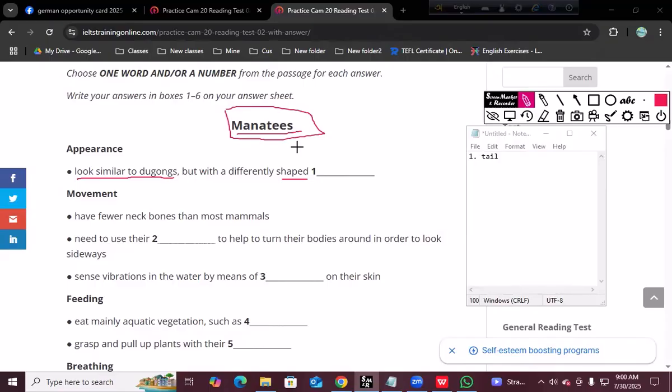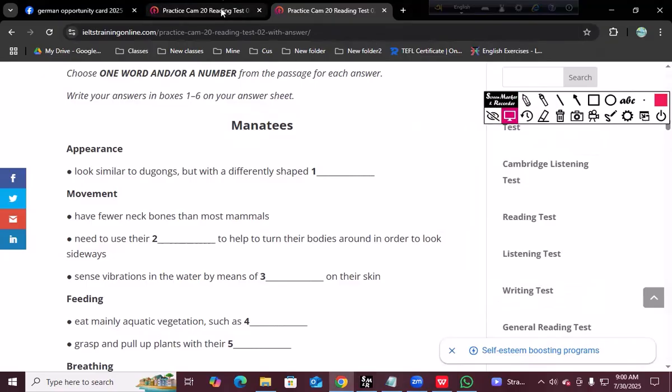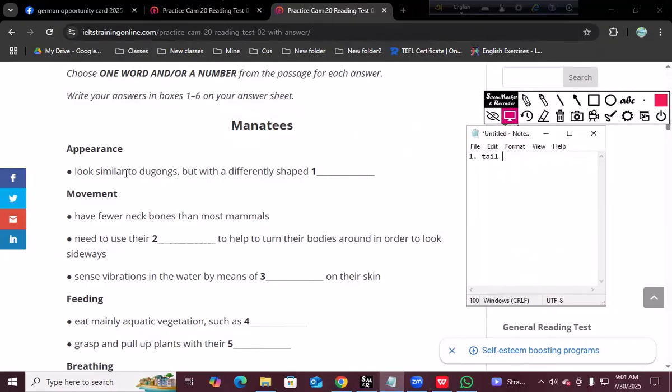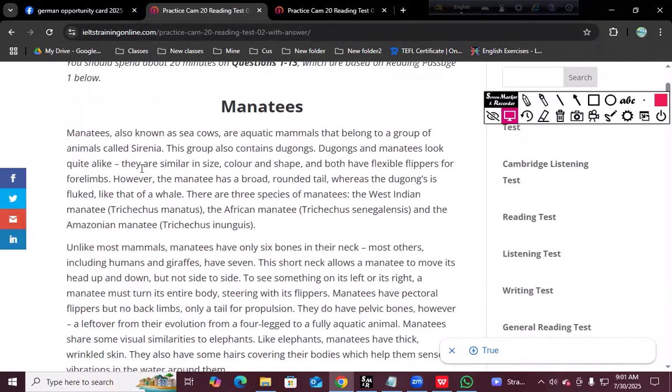They both are similar, like in shape, in size, in colors, but manatees has one thing or a couple of things that are different. So what is the different thing in the passage they talk about? Look, do you understand the question? Yes, sir. Okay, all right.